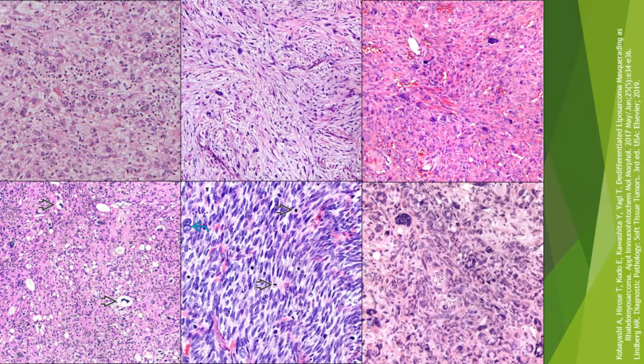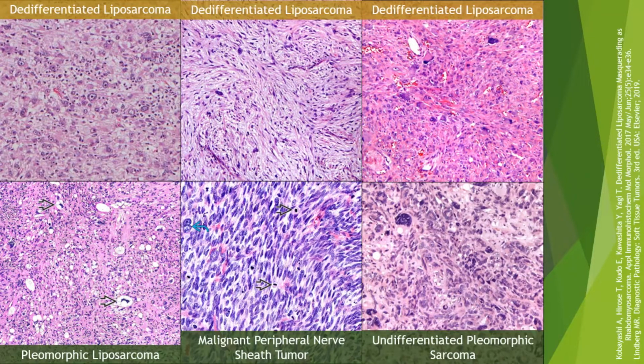Now, what if the diagnosis is not as clear-cut? Especially when the atypical lipomatous tumor well-differentiated liposarcoma part is not readily identifiable. Again, here's a test. Of these 6 cases, how many and which of these is the dedifferentiated liposarcoma? The top 3 pictures actually represent the dedifferentiated component of dedifferentiated liposarcoma.